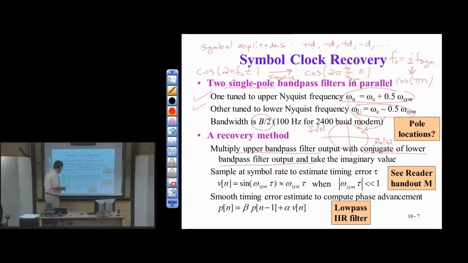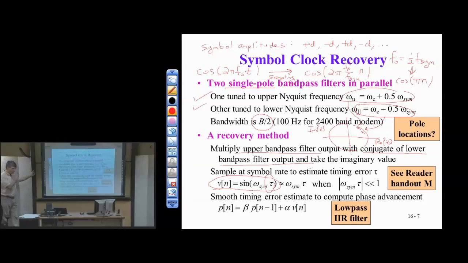So this gives us the following. If you're working through the math, we actually get an expression out of this multiplication that's a sine of the symbol rate, the one we're currently using, and the symbol error tau.